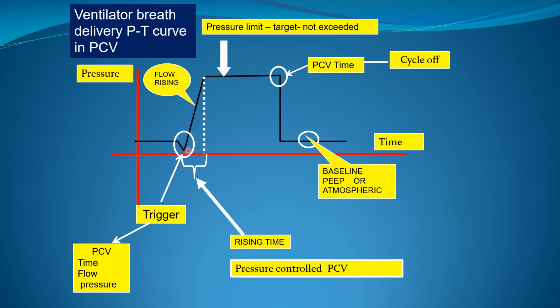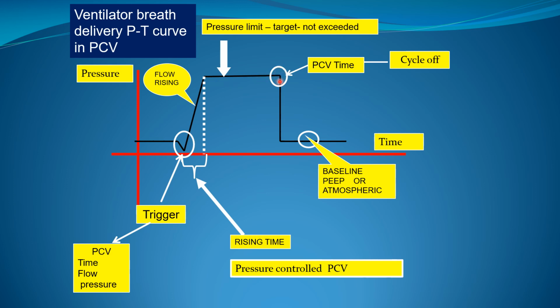After triggering, the demand valve will open, allow the pressure delivery, and the flow will start. How fast is the flow? This is determined by the rising time. If it is short, the flow will be fast, and this flow will develop this pressure. And this is the preset pressure. When it is reached, it is maintained all through the cycle till the end of the inspiratory time.